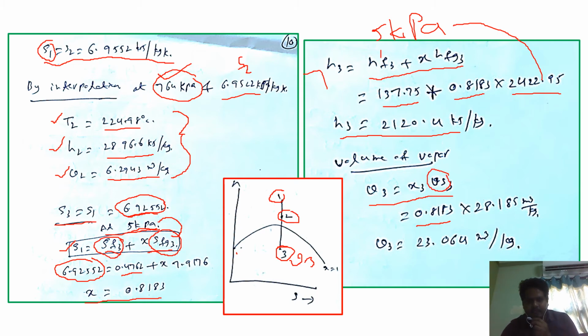This we take from the steam table at the given pressure 5 kilopascal, that is 28.185 meter cube per kg. So finally we get the specific volume at point 3, 23.064 meter cube per kg. Okay, this is how we calculate the enthalpy and entropy values at point 1, point 2, point 3, and also the specific volumes at point 2 and point 3.